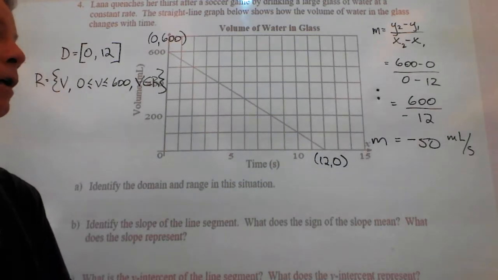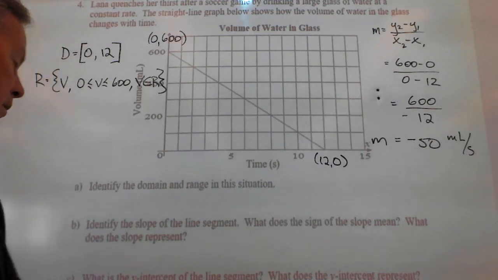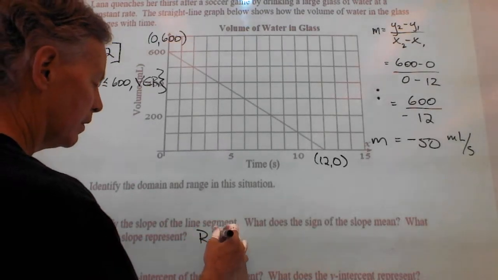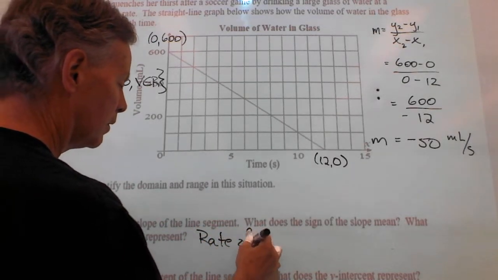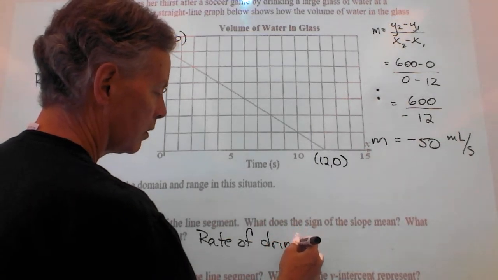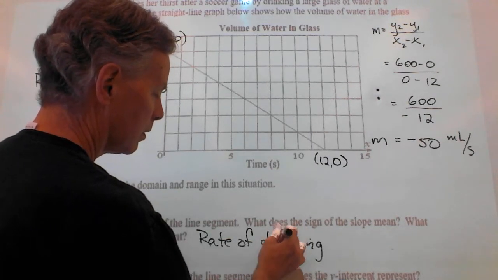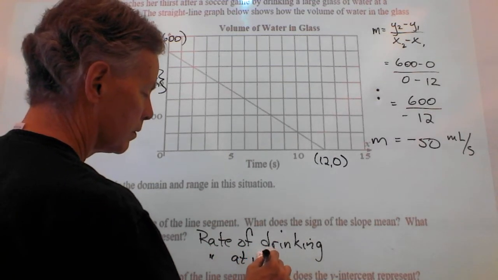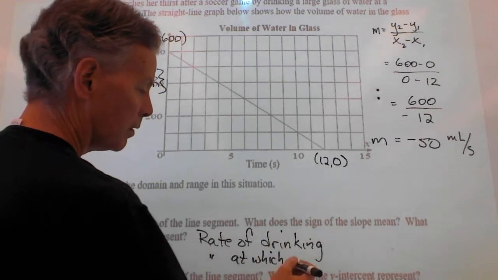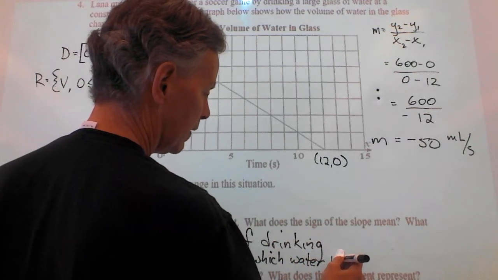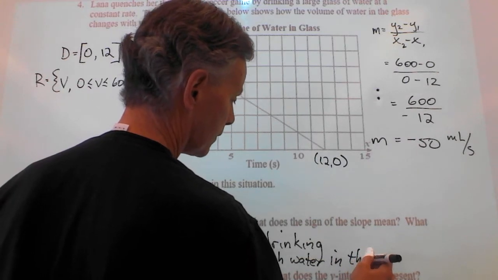Okay? So what does that tell us? That represents the rate of drinking, or the rate at which water in the glass is decreasing.